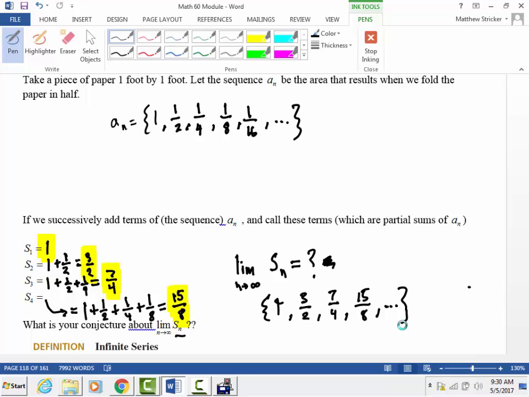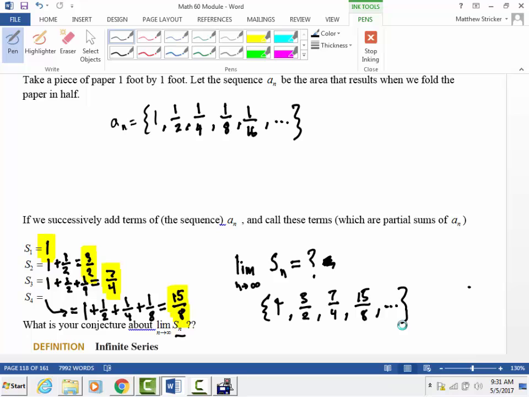Not the terms of the sequence, but these terms. Are these terms approaching some value? Maybe they might be approaching 2. That's the question that the rest of the class is going to be focused on.